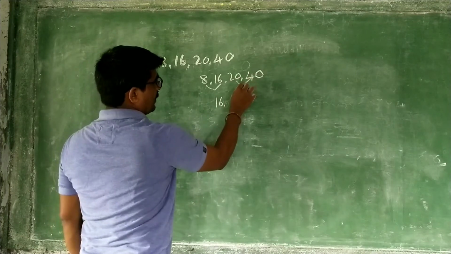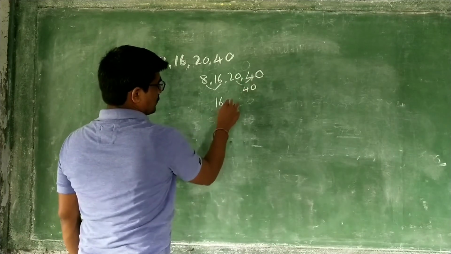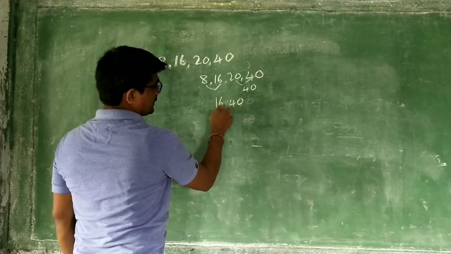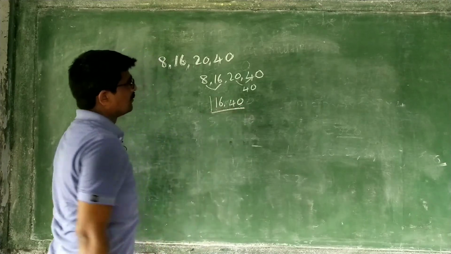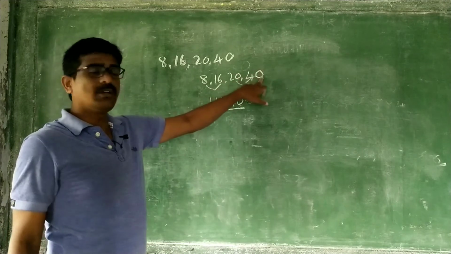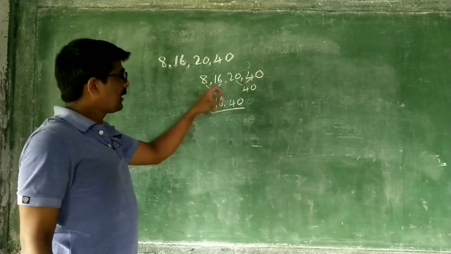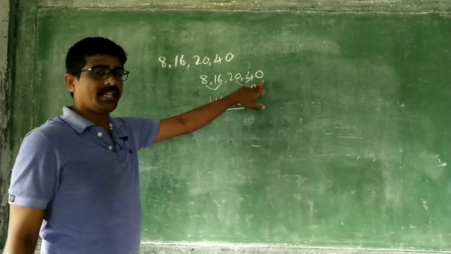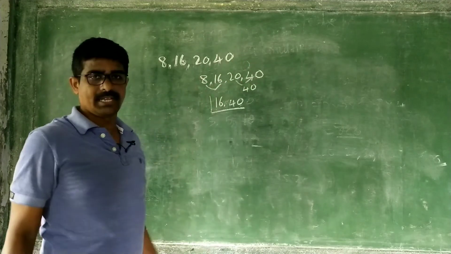Here 20 and 40: 40. So now we have to find the LCM of 16 and 40, because the LCM of 8 and 16 is 16, and the LCM of 20 and 40 is 40. So we are getting the problem only with 16 and 40, because 8 5s are 40 also.